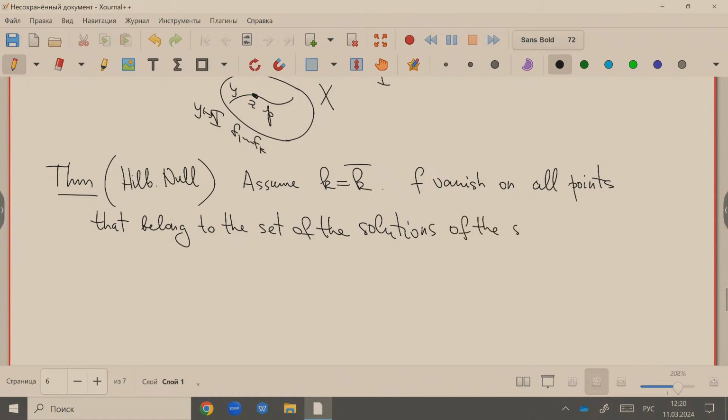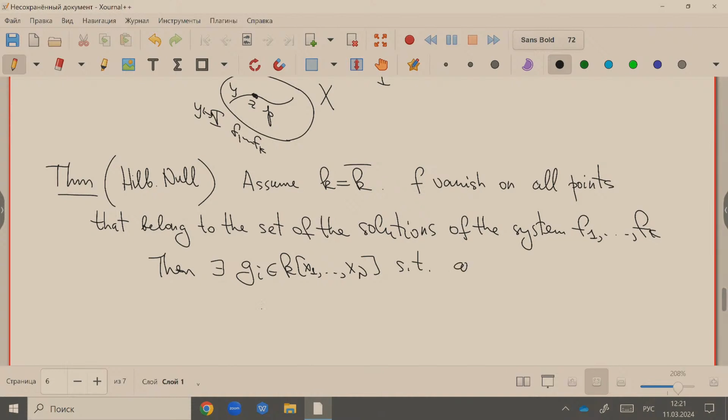Of the system F1 of K. Yeah, so then there exist polynomials, so Gi in K of x1, etc., xn, such that there exists some big M, natural M, such that the power of the element is written as sum of Gi times Fi.